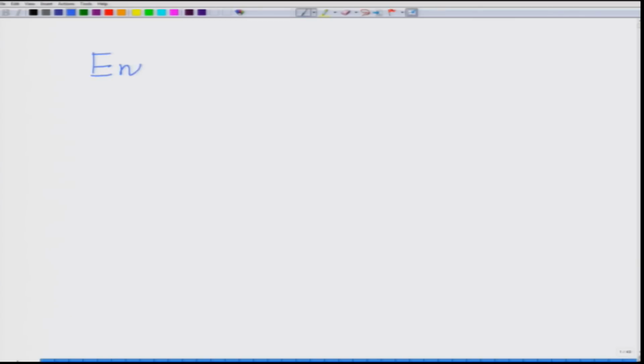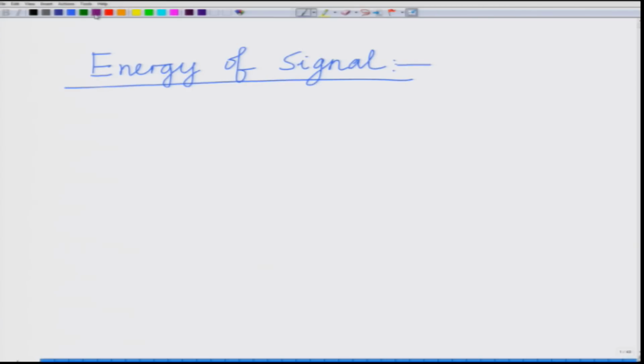Alright, so let us start first by considering the energy of a signal, and consider for this purpose a signal x(t).